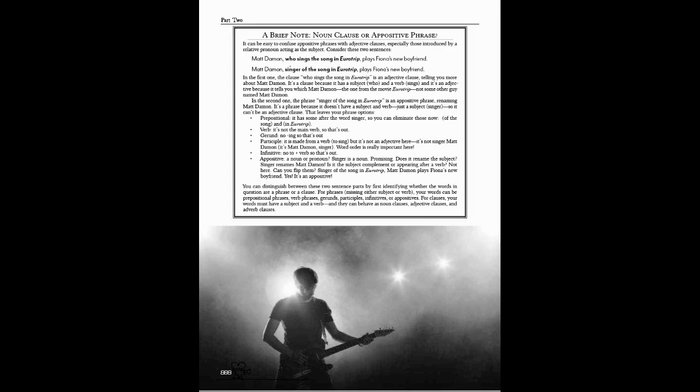So if you've got who sings the song, who sings, subject, verb, this is a noun clause. Whereas singer of the song, this is a phrase. There's no verb here, right? It's just singer of the song. So this isn't a clause, it's an appositive. So that's how you can tell, right? Do I have a subject and a verb in between? Yes, clause. No, appositive. And that will help you.